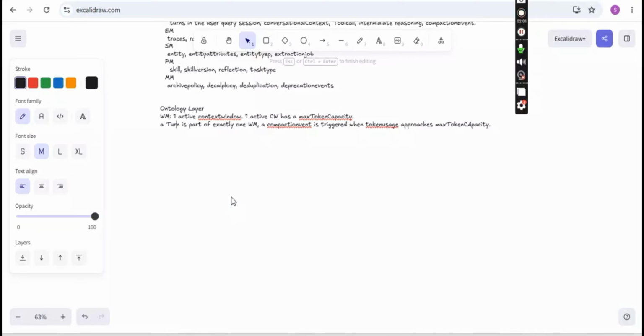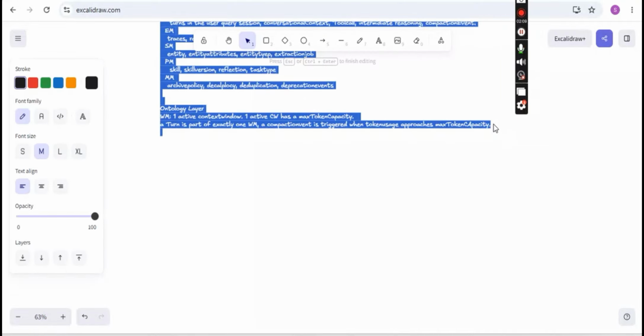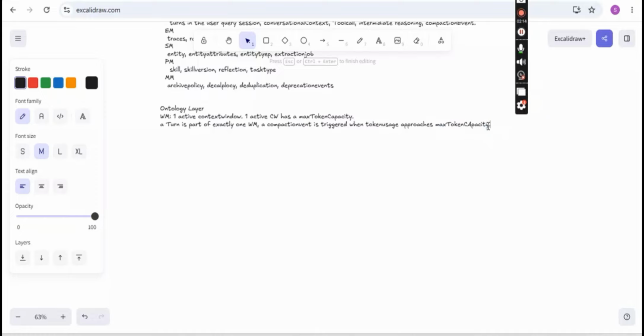So the ontology must encode that ordering as a sequence relation, not just an association.